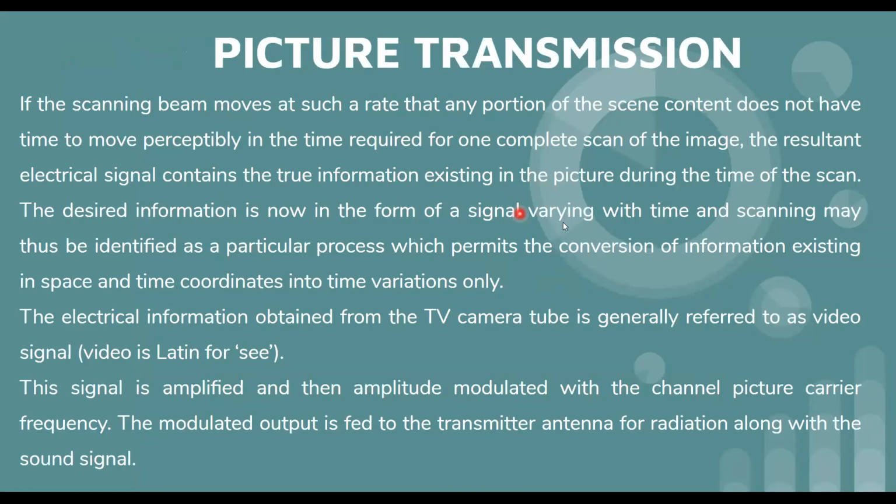This video signal is amplitude modulated for the picture, and the sound is frequency modulated. Finally, the modulated output is fed to the transmitter antenna for radiation along with the sound signal.